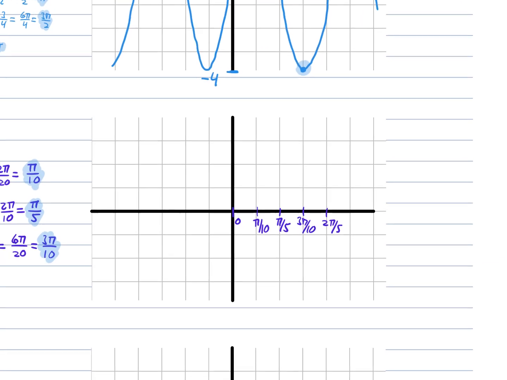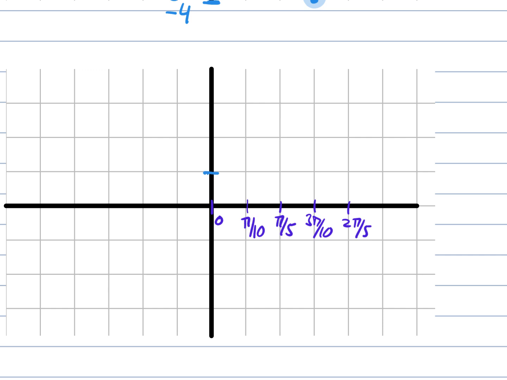All right, so I would use that to go up 1 unit, down 1 unit. All right, and then remember, sine of 0 is always going to start at 0. All right, and then the pattern goes, it's going to go up, down, then all the way down, and then back up to 0. So all of these cycles are always going to end where you started.